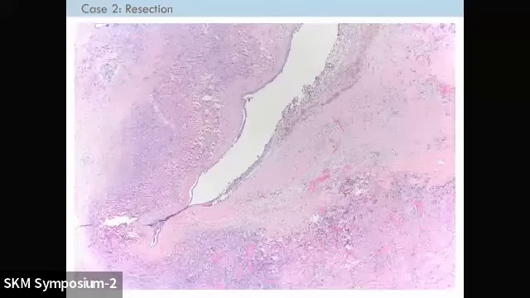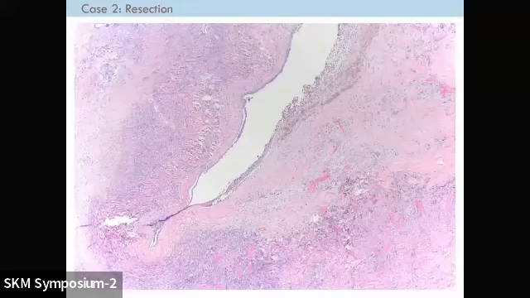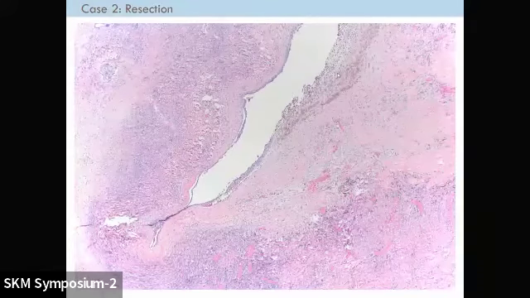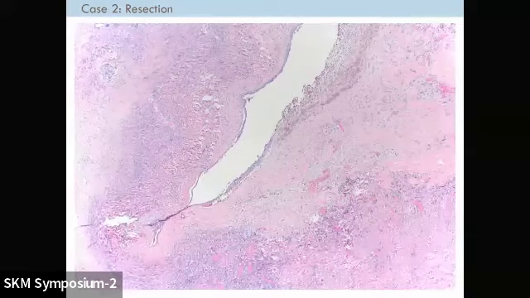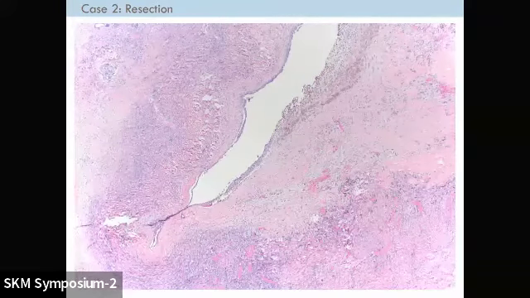This is a resection specimen. Couple of things to note over here. First, if you look at the lining epithelium, you will see over here that it is denuded. There's no epithelium in this area. Over here, you see an epithelium that has multiple layers and has some reactive look. And then over here, you will see the single layer cuboidal epithelium that we also saw on our cytology smears.